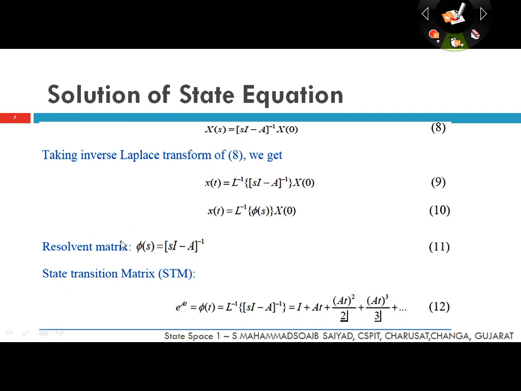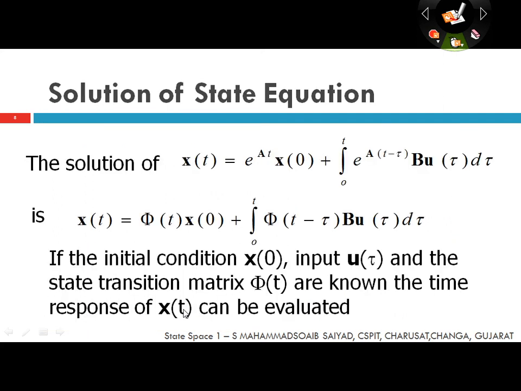The state transition matrix, as we have derived, e raised to at is equal to phi of t, the Laplace inverse of si minus a inverse, which is the identity matrix plus a into t plus a square t square upon 2 factorial plus a cube t cube upon 3 factorial and so on. So you have to find e raised to at as well as use the Laplace transformation.